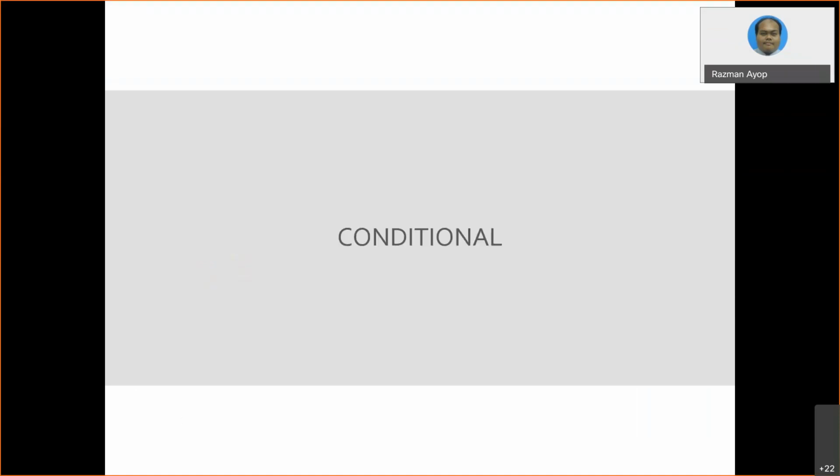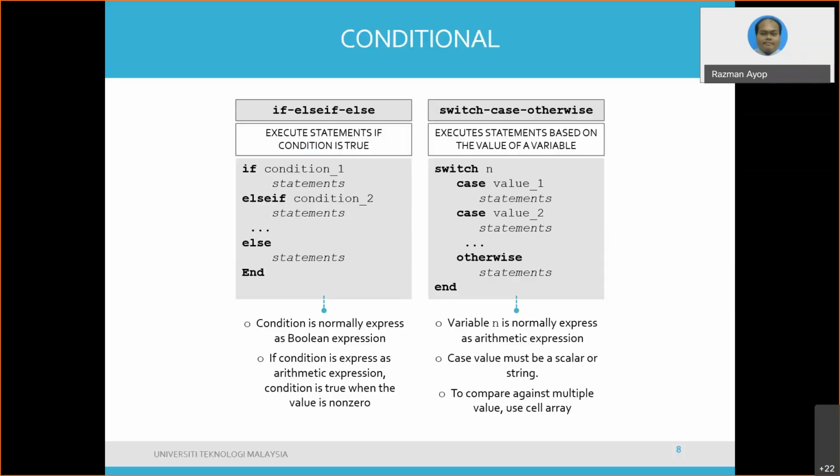Now we continue with the conditional. What is conditional? As I said before, it is the decision using if else or switch case. You remember in chapter 1, you had conditioning, so you have to understand how to do that.